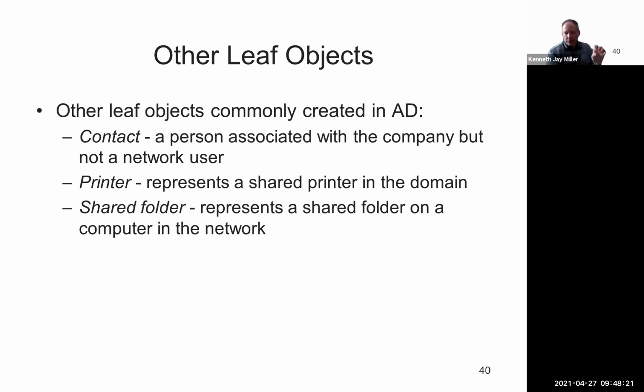It can have other OUs, user accounts, computer accounts, and group accounts. It can have all these leaf objects, and you can apply permissions or group policies to an OU that you cannot apply to a group. So a group is really more limited than an OU. All right, good question though, thank you.